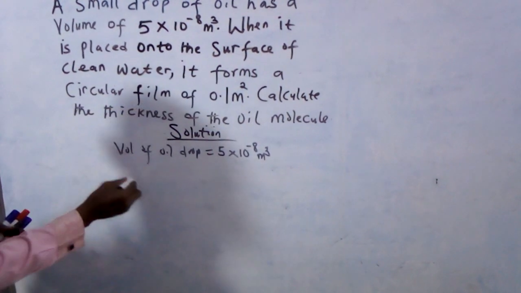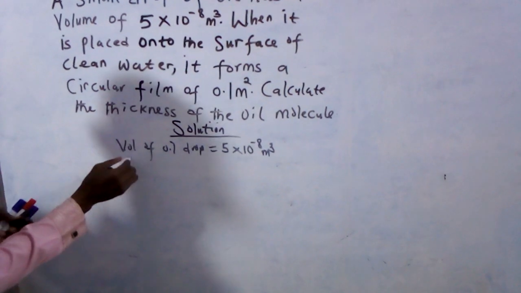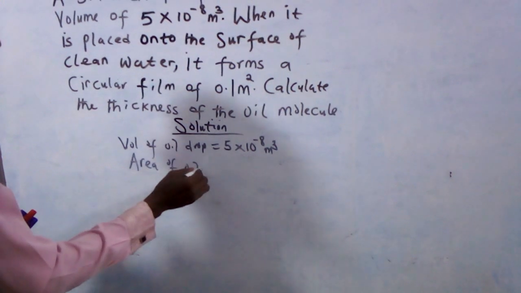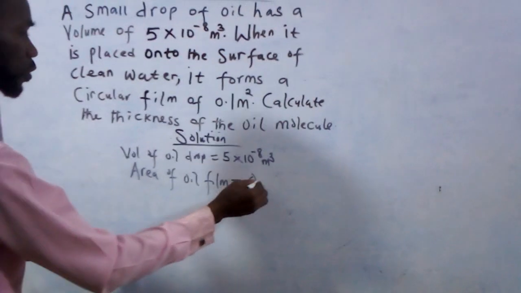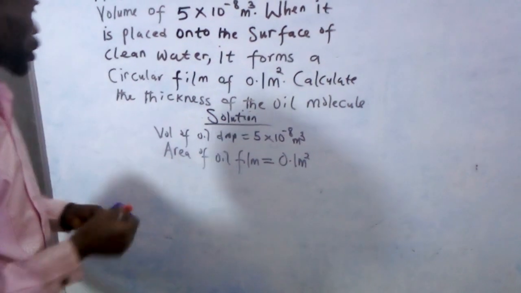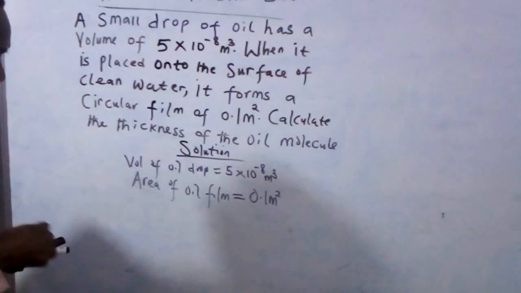This is the oil film. So we have the area of the oil film, which is given to us as 0.1 meter square. Now, these are the parameters given in the question.